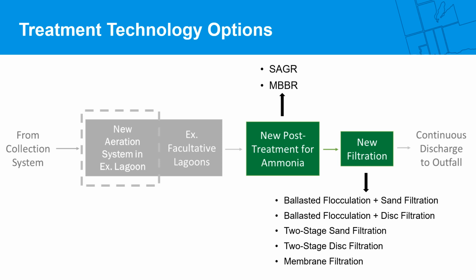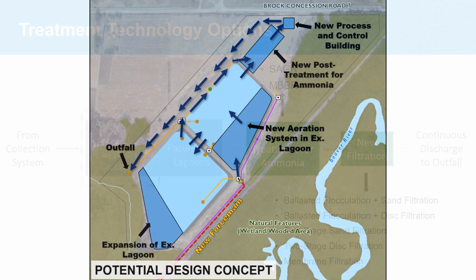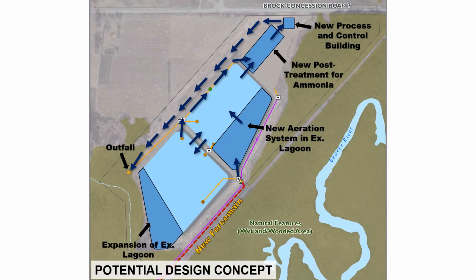Next, we will show you a possible design concept for the preferred expansion to the Sunderland WPCP. This design concept shows that capacity expansion could be accommodated on the existing plant site. Property acquisition would not be required. There is still work to be done as we need to conduct field investigations and a detailed evaluation of this concept.